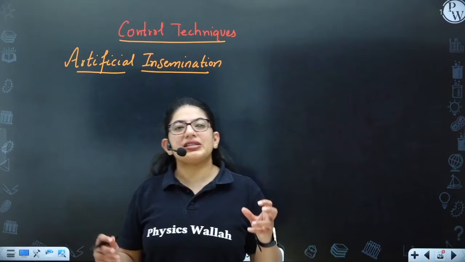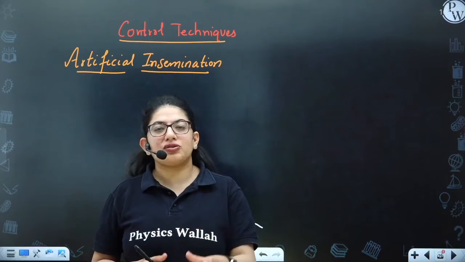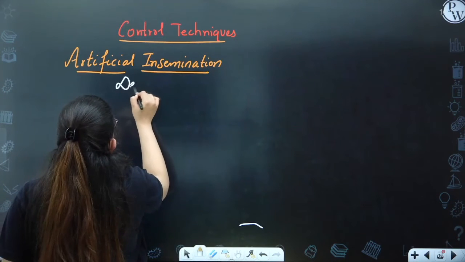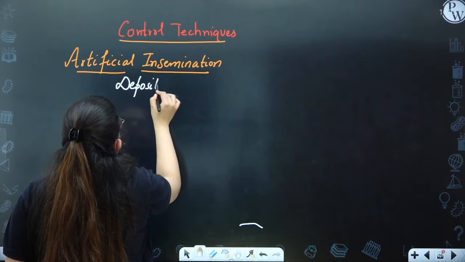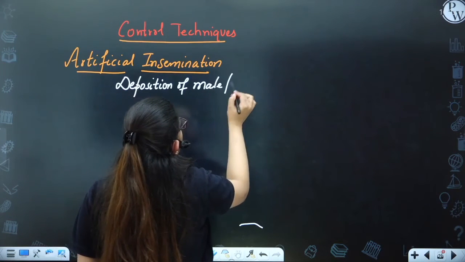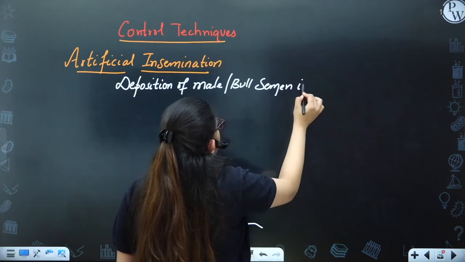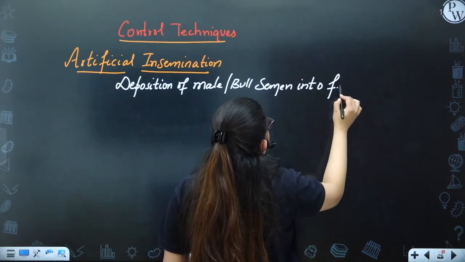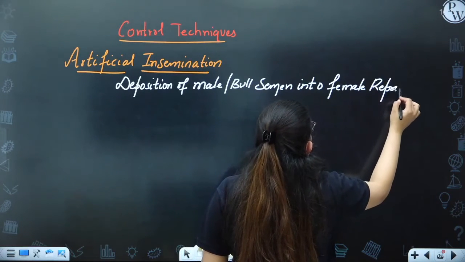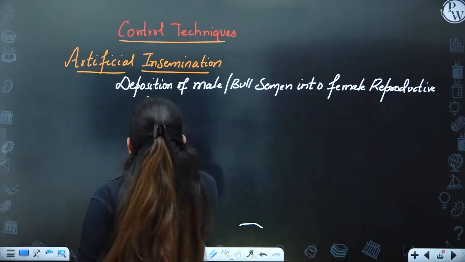So artificial insemination is deposition of male or bull semen into the female reproductive tract artificially.